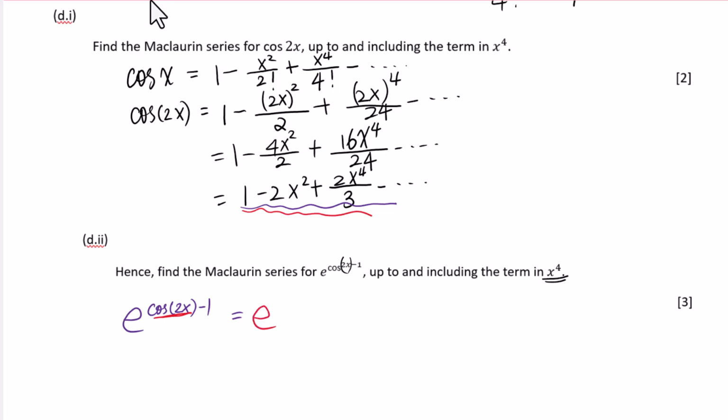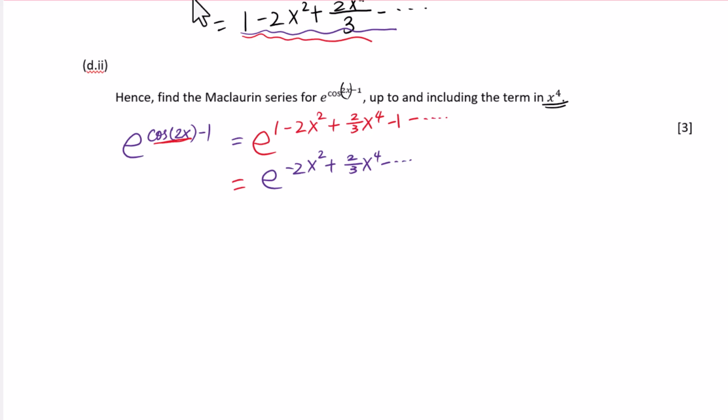E to the power of 1 minus 2x squared plus 2 over 3x to the fourth power minus 1. Combine like terms, we got e to the power of negative 2x squared plus 2 over 3x to the fourth power.